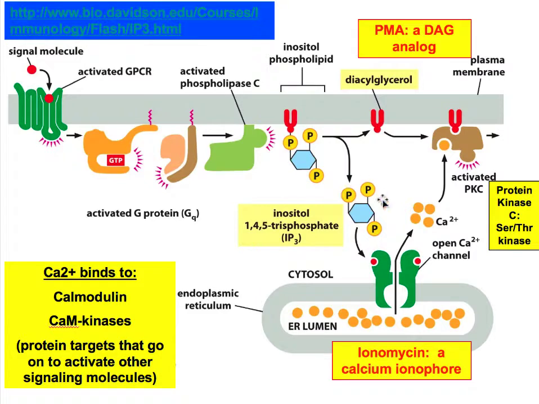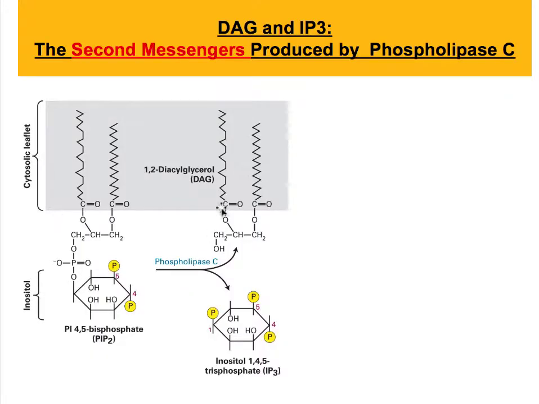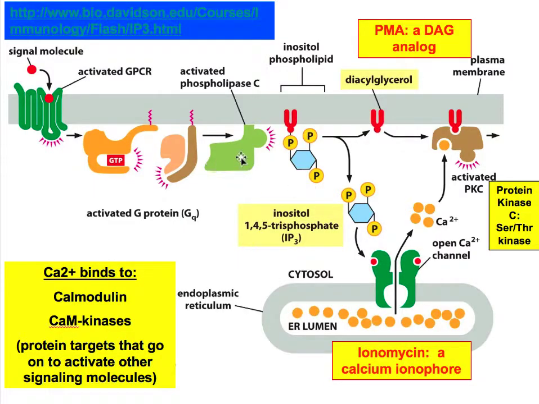So where does this ligand come from, this IP3? Well, the IP3 was initially a member of the inositol phospholipid, as we saw on the previous slide here. By the action of phospholipase C, this IP3 will be liberated. But what turns on the phospholipase C?